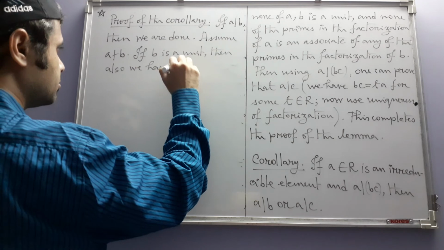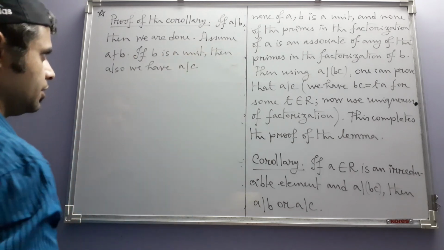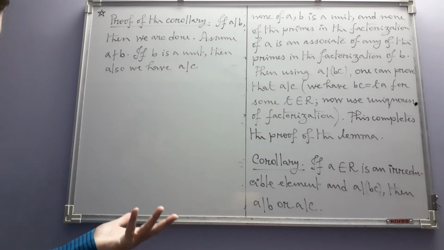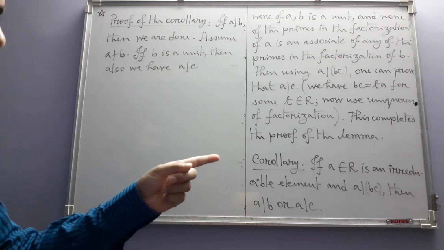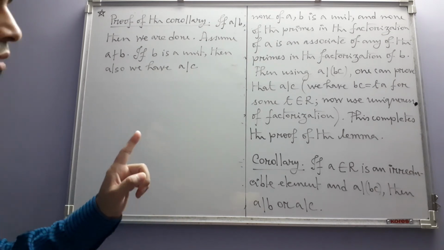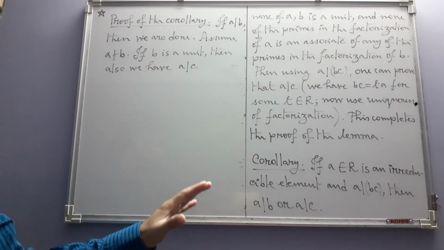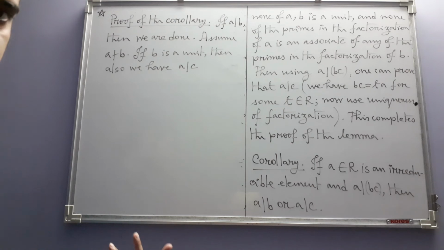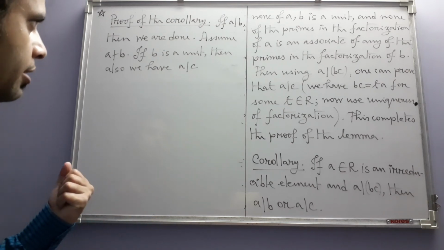That means in that case we have A divides C. You already know how to show this. Write BC as a multiple of A and use the fact that B is a unit to write C as a multiple of A. So that will show that A divides C.